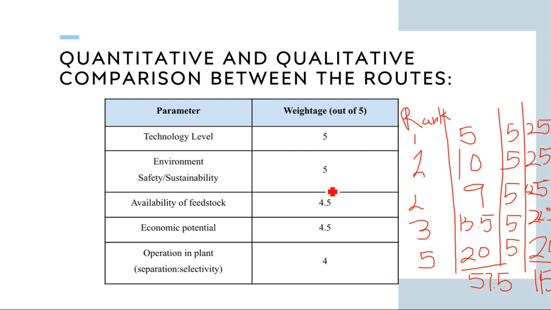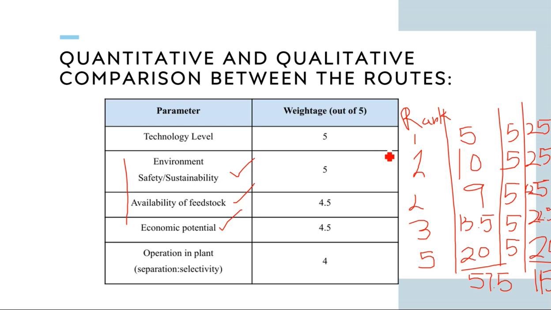Why will this be helpful? Let's say two methods are equal in these three parameters: environmental, availability of feedstock, and economic potential. But one method has a 4 in technological level, and the other method has a 5 in technological level.